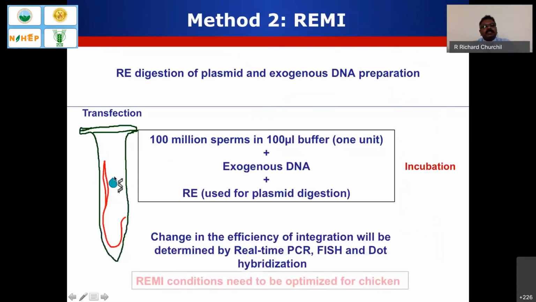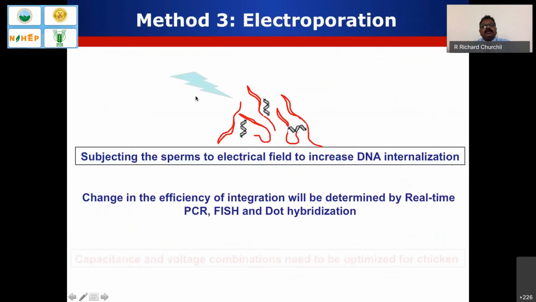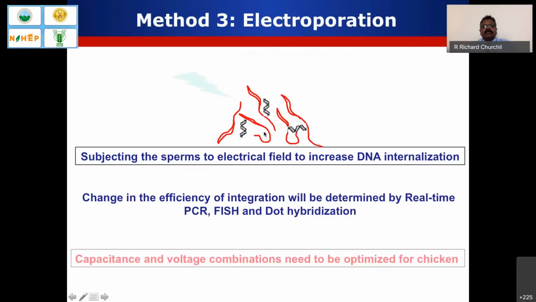We call this restriction enzyme mediated integration, REMI. Or you can give some electrophoresis, some electric shock, to enhance the integration of the gene into the host genome.